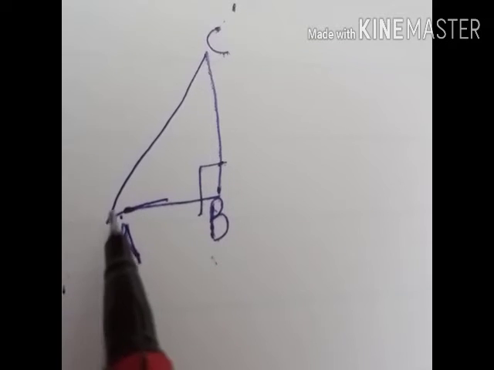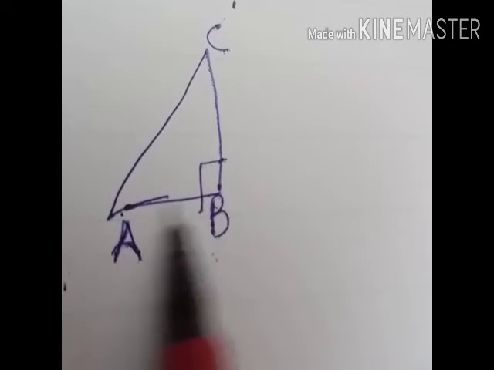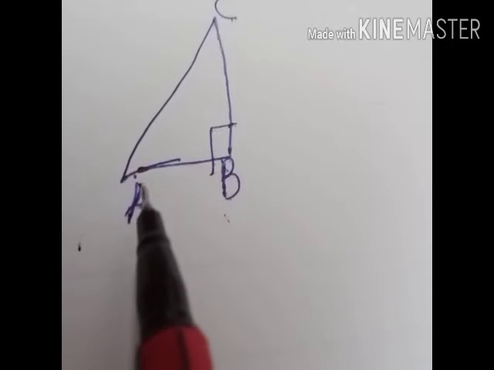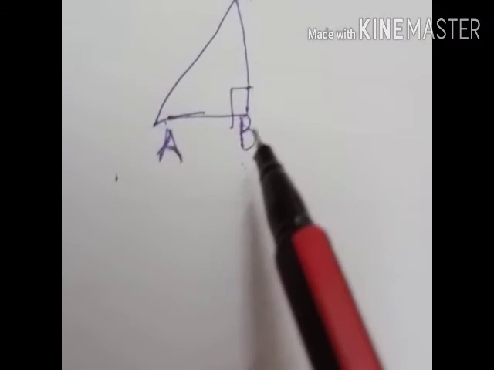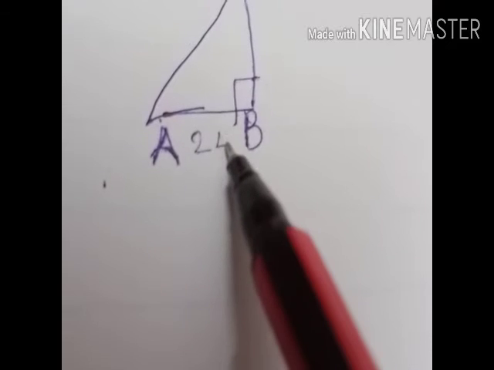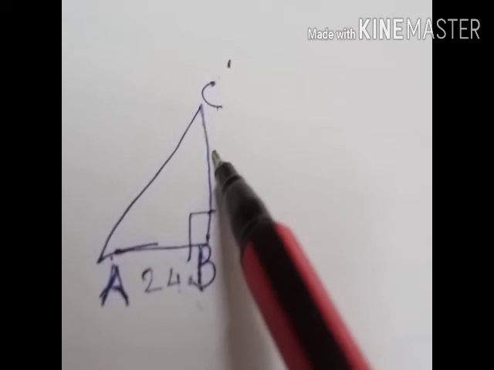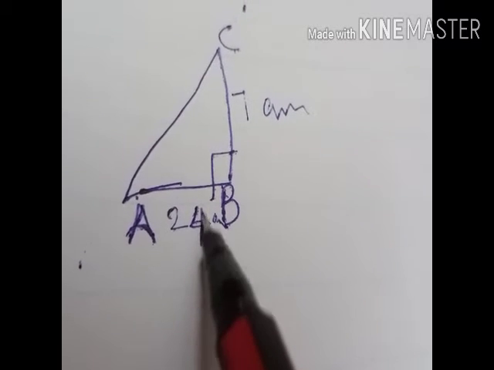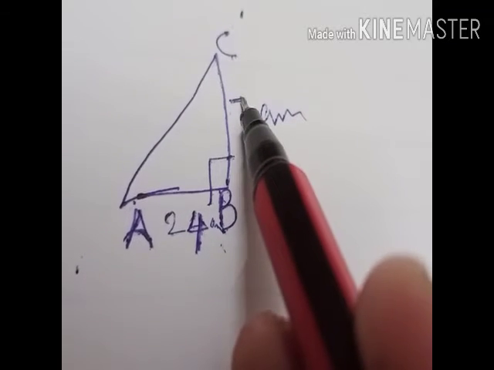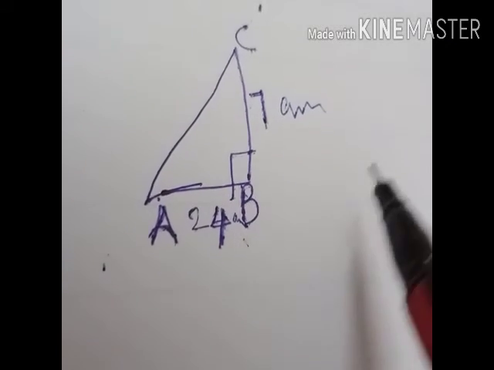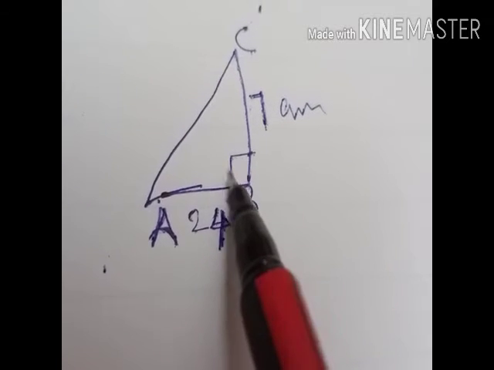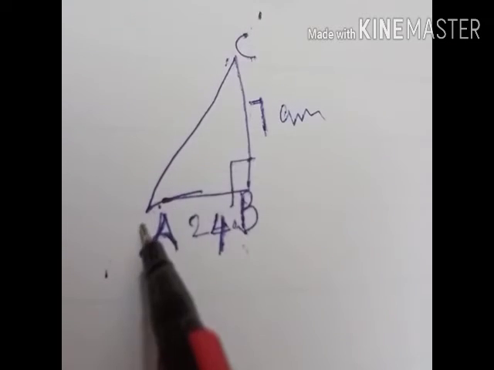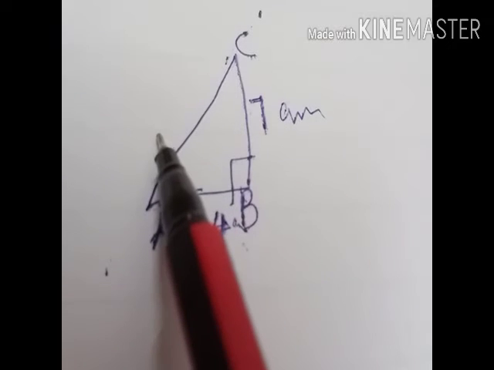Then in this figure we can mention the measures which are given: AB equals 24 centimeters and BC equals 7 centimeters. Anyway, we should find the third side, that is the hypotenuse, the side opposite to the right angle.